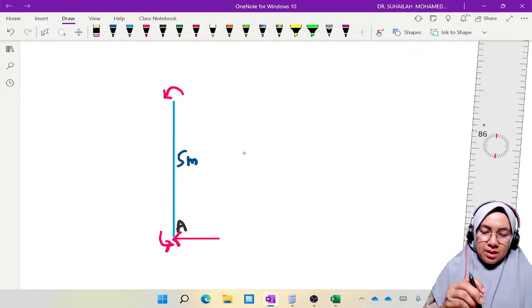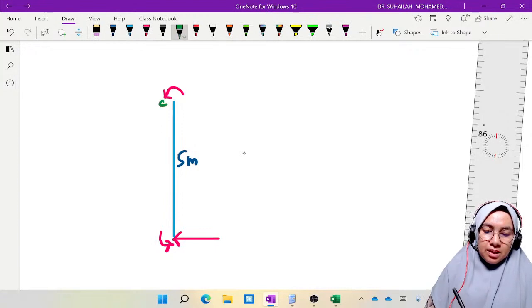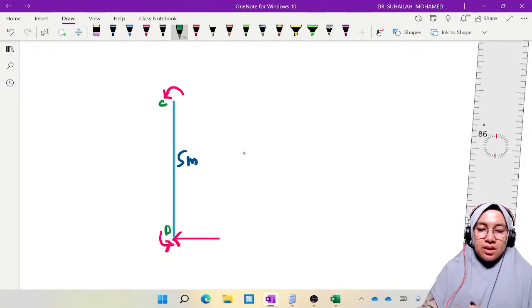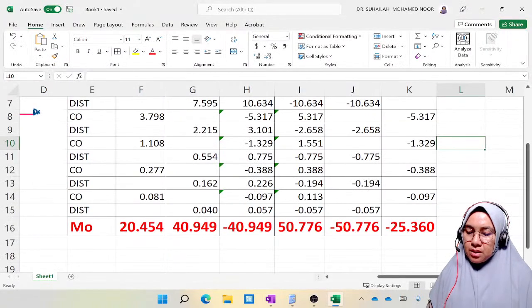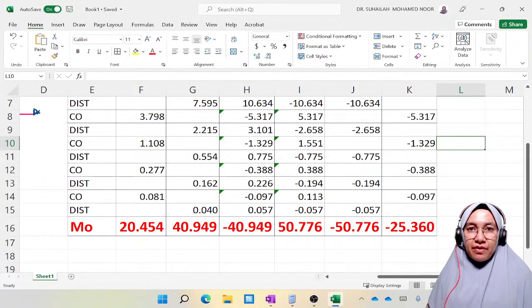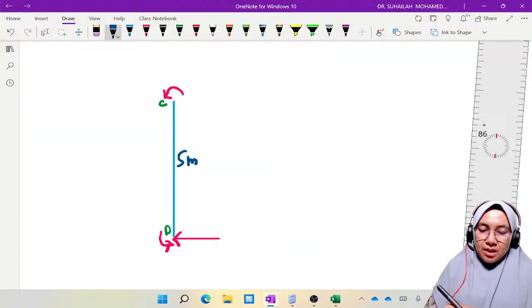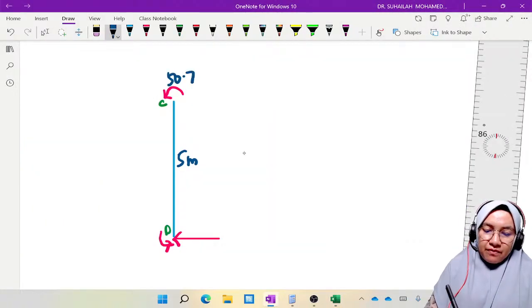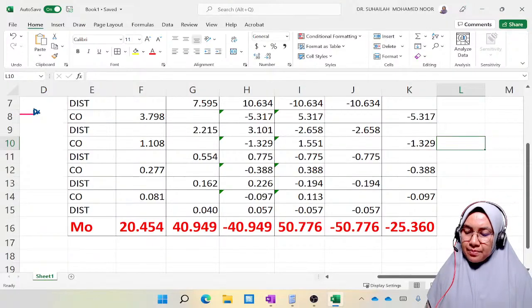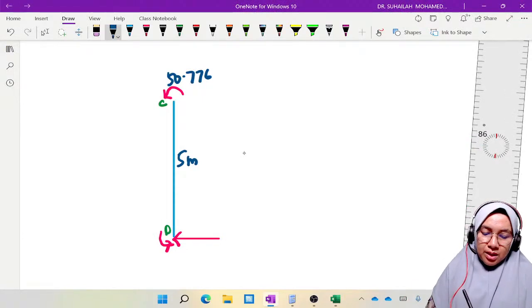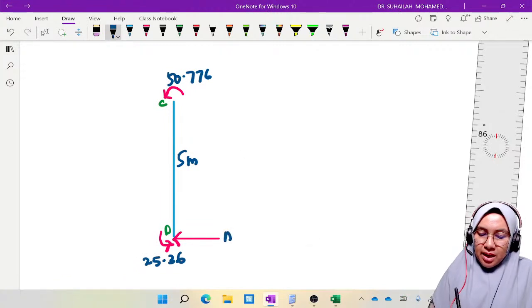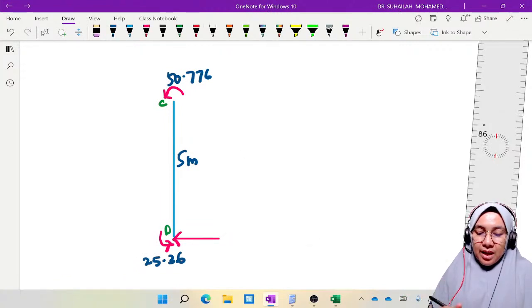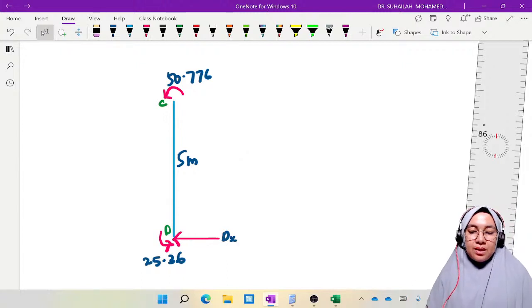This is C, this is D. The values are 50.776 and 25.36. So this is DX.